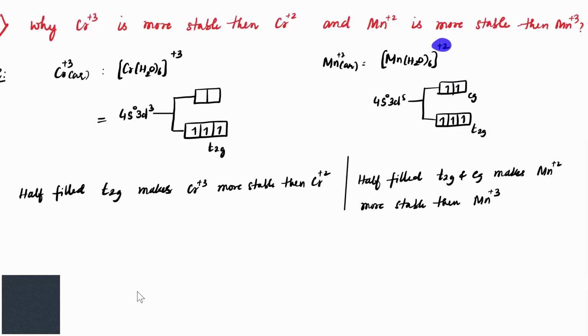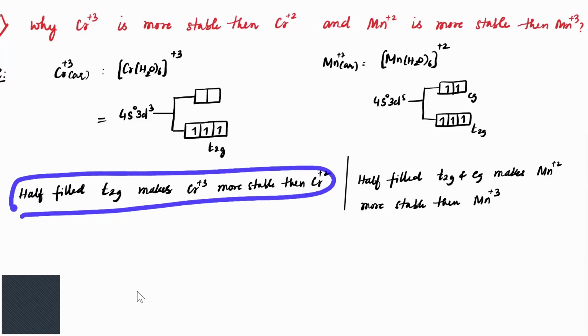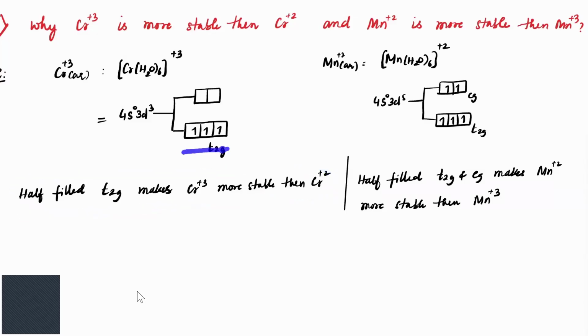Generally, Mn plus 2 complexes or Mn plus 2 salts are more stable because they attain that half-fill stability in the d orbital. Okay. But in the chromium case, I can definitely explain that on the basis of CFSE, that t2g will have more electrons. If one more electron goes here, that will decrease the CFSE value, and that half-fill stability of t2g makes it more stable.